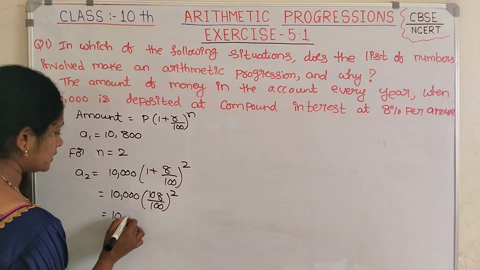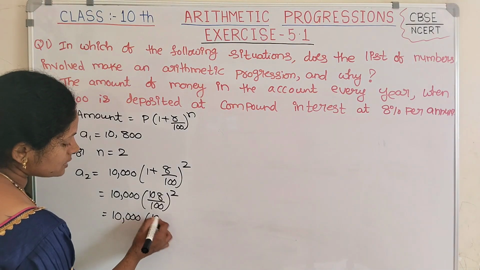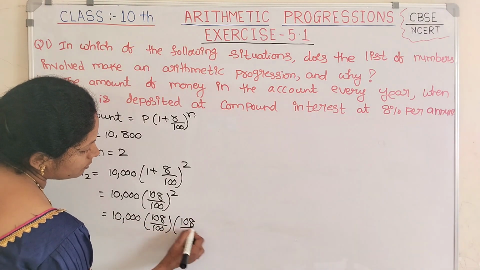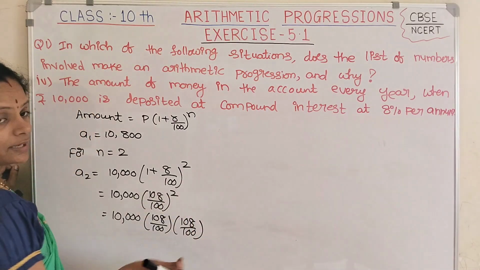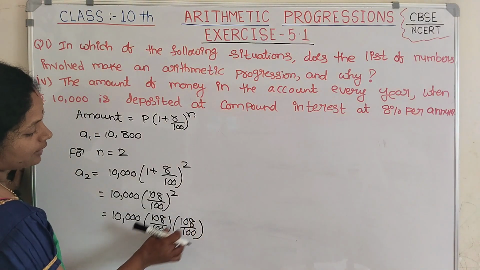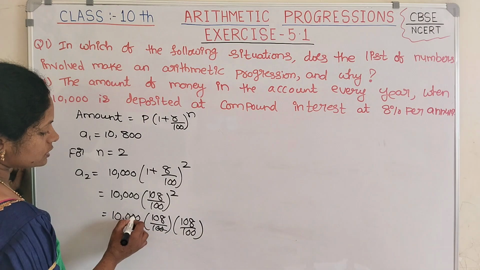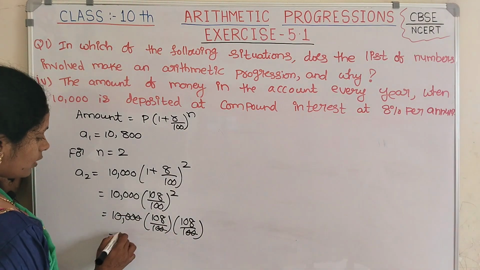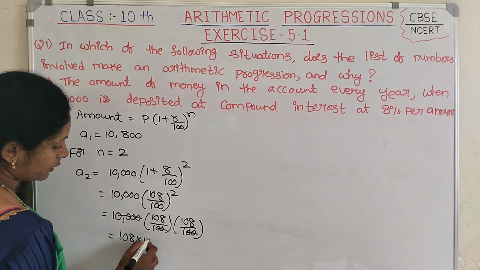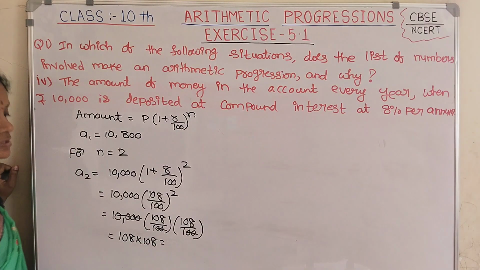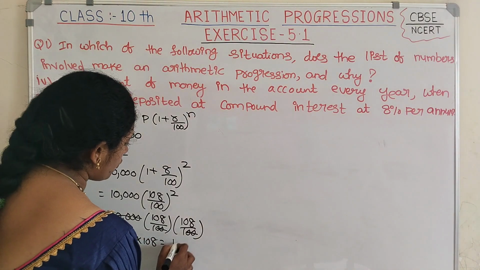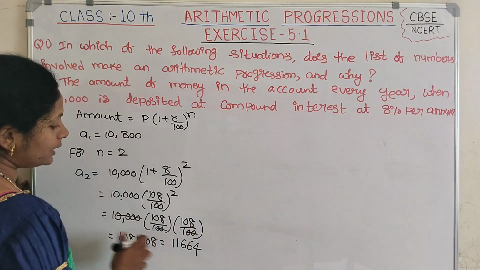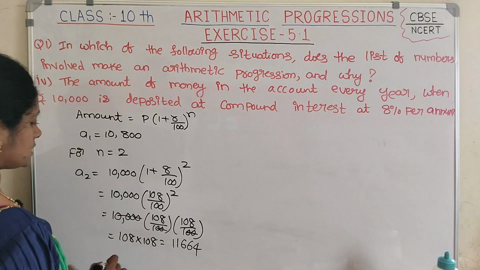We can write it as 10,000 into 108 by 100 into 108 by 100. The zeros will get cancelled. Then 108 into 108 remains. 108 square is 11664. We got A2 is equal to 11664.